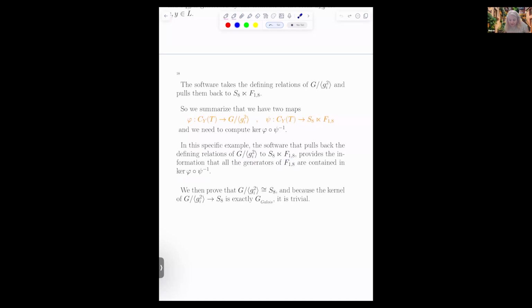So it means that our quotient is isomorphic to the symmetric group, and therefore the G-Galois is trivial. So if you want to see the full description of this calculation, it appears in one of the papers on the arXiv. You can turn to me and I can direct you there.